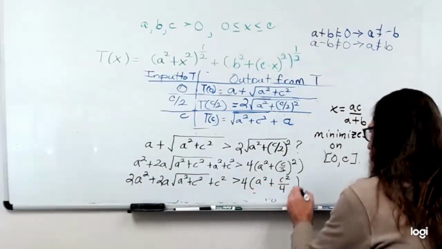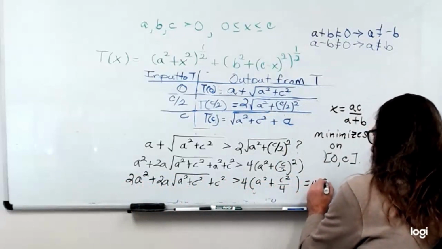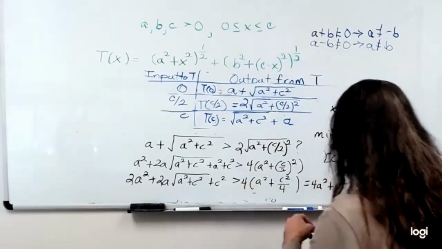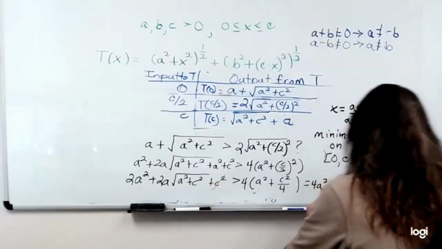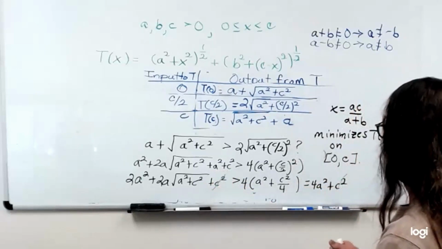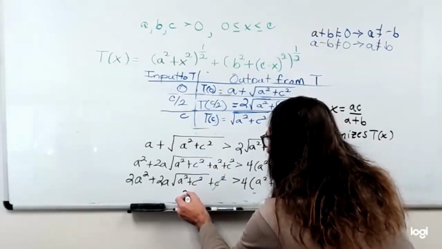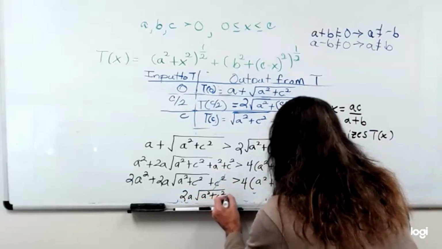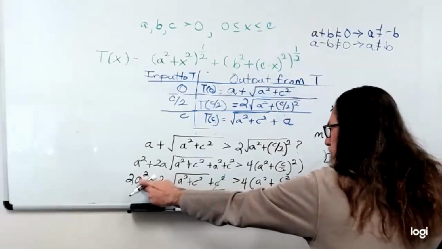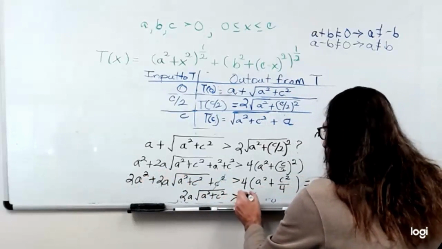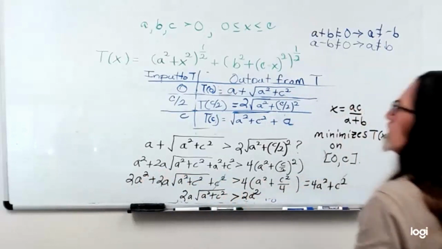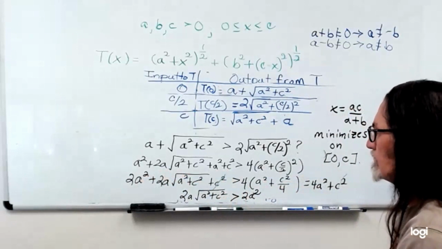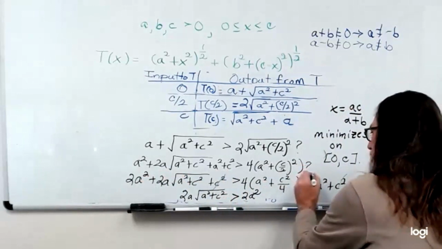Distribute the 4. Cancel our c squareds. Subtract 2a squared from both sides. Subtract 2a squared. 2 is positive, a is positive. Dividing both sides by 2a.